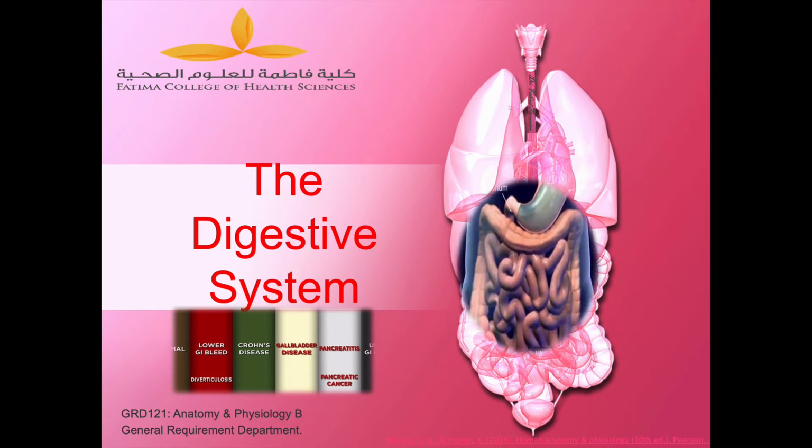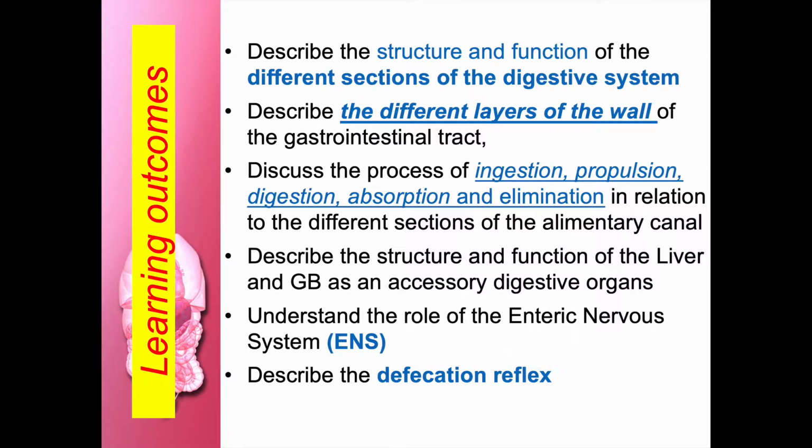You have to understand many objectives that we will see. We will describe the structure and functions of different sections of the digestive system, like the small intestine, large intestine, and stomach. Then the layers of the wall. As I told you, the digestive system is just a tubular structure.